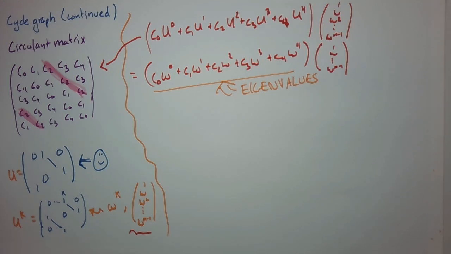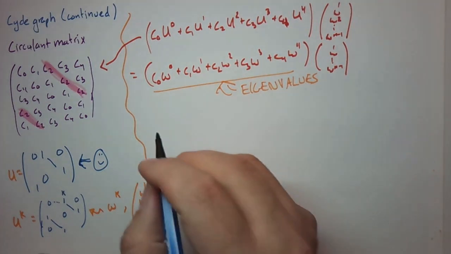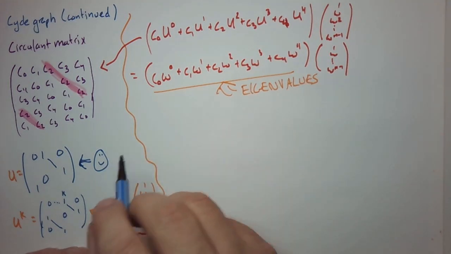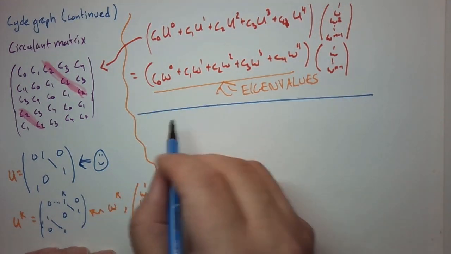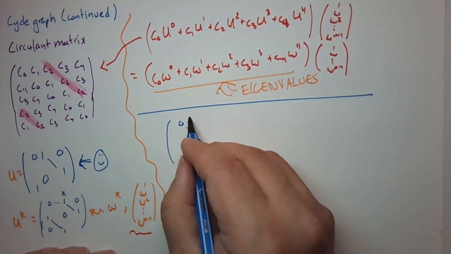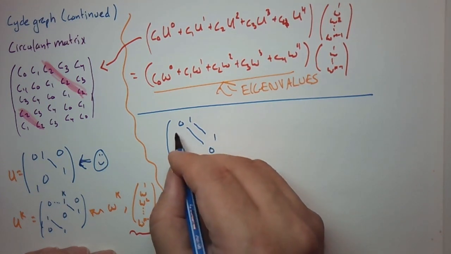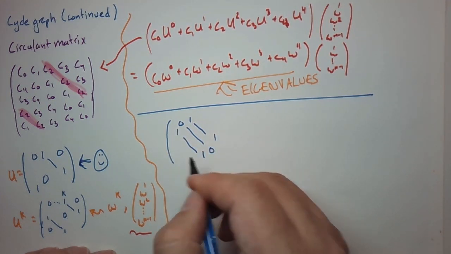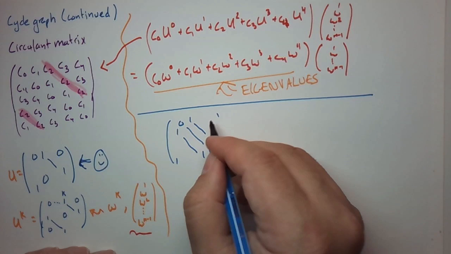Now, we're almost there. We'll get to the cycle graph. Okay, so here we go. What does a cycle graph look like? Well, for a cycle graph, we have zeros on the diagonal, ones above the diagonal, ones below the diagonal, and then we get ones in the corners.